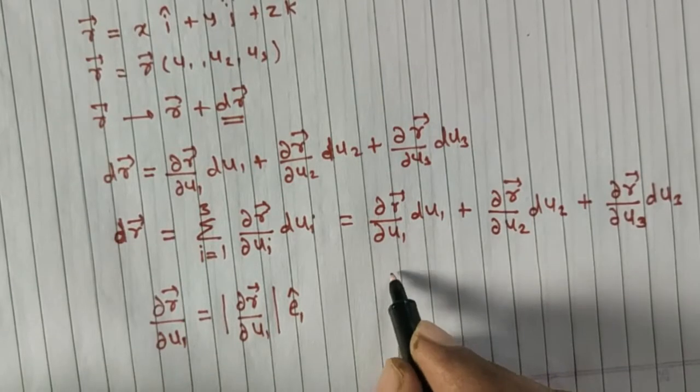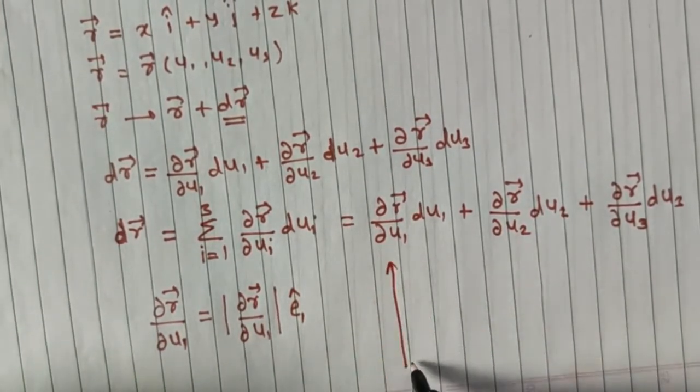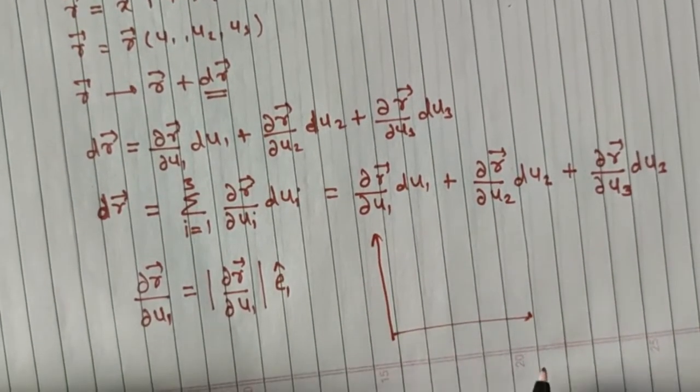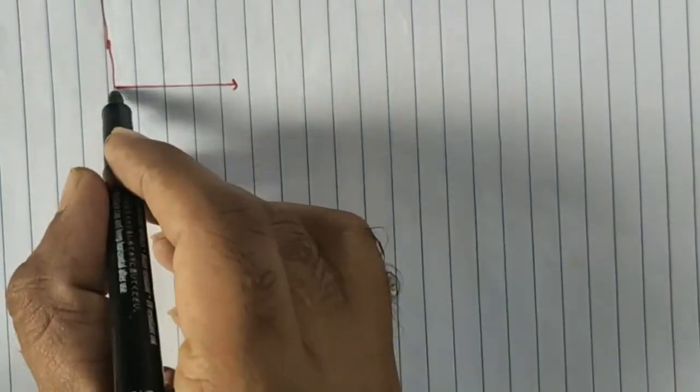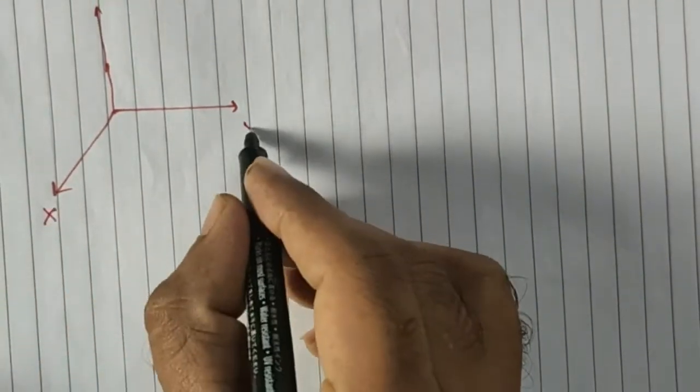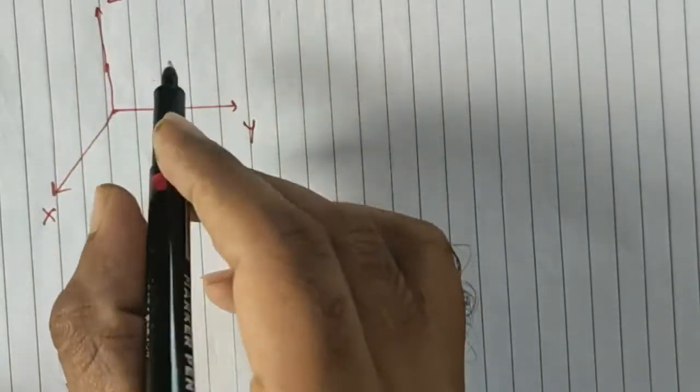Now I will show a diagram to you. We will take it to the next page. This is the x coordinate, this is the y coordinate, this is the z coordinate.